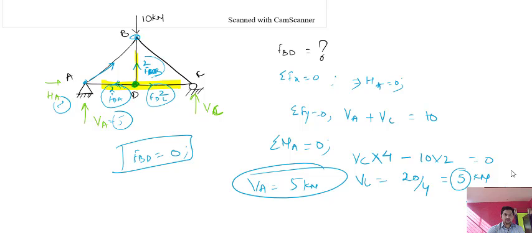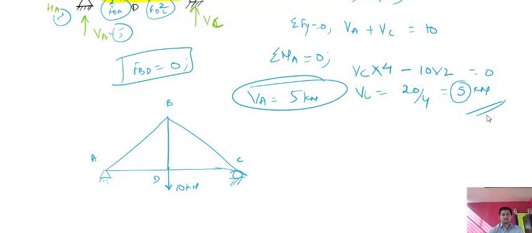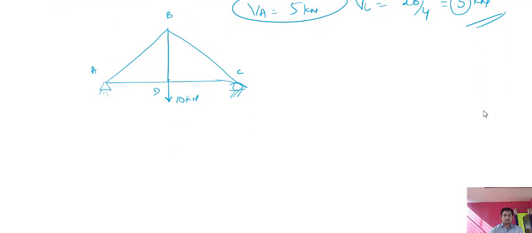So let us take a second numerical. Now in this numerical there will be one reaction VA, here one reaction HA, and here one reaction VC. Now in this numerical, at joint D there is a load, a 10 kilonewton load acting. Now you cannot apply that concept here because there is an external load at this point.